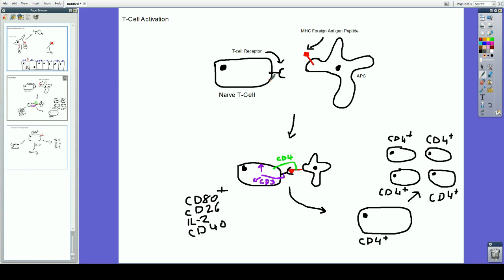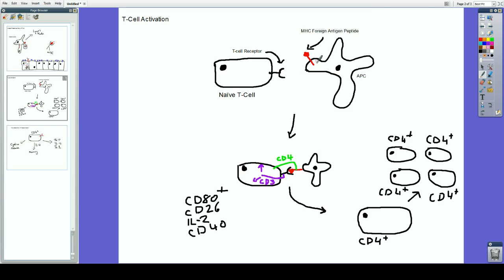This T cell receptor here is highly specific to one certain antigen. So there will be hundreds of thousands of different kinds of naive T cells in the lymph node, and so the antigen presenting cell looks around for the T cell with the corresponding T cell receptor to the antigen it has.